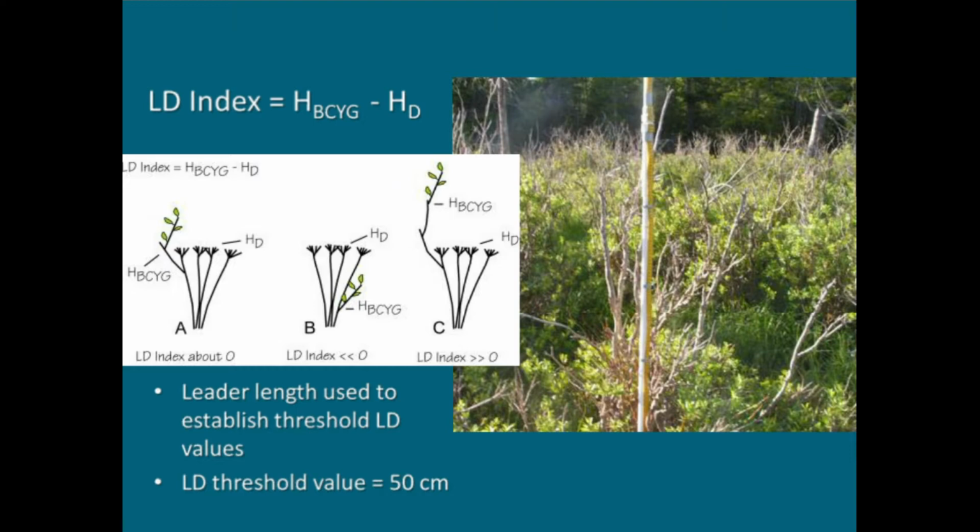For our purposes, it was between 50 and 180 centimeters in height. With an LD index significantly greater than 0, you're going to see a plant likely growing out of the browse zone. So again, you're able to assess browsing patterns over a shorter period of time historically and anticipate their growth trends in the future.